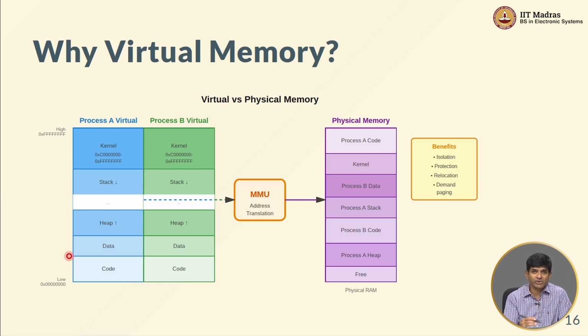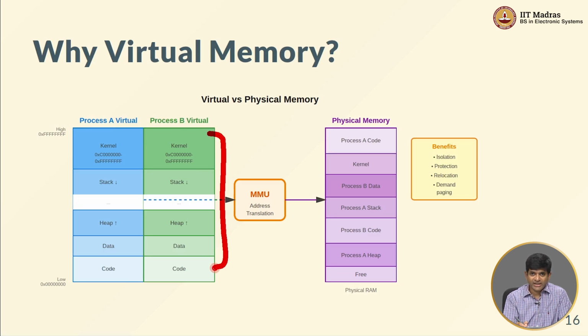I am saying 32-bit because I am assuming that we are talking about a 32-bit system where the address bus is basically 32 bits in size. It means that process A thinks that it owns 4 GB of memory. Process B also seems to think that it owns 4 GB of memory, right?